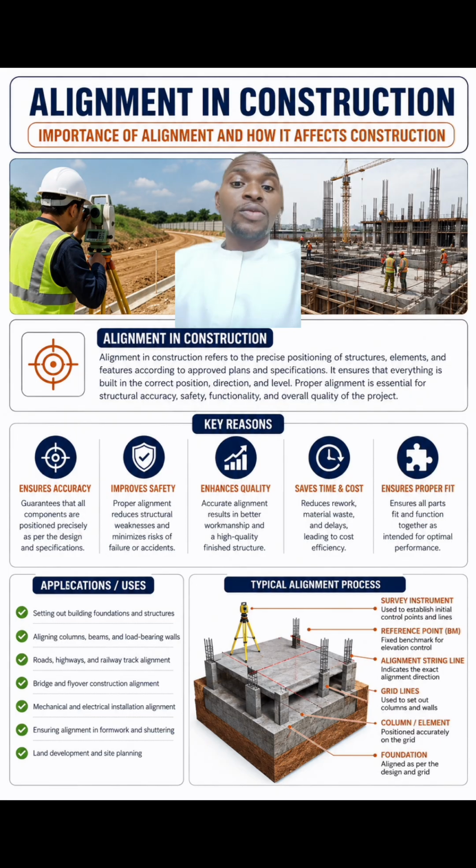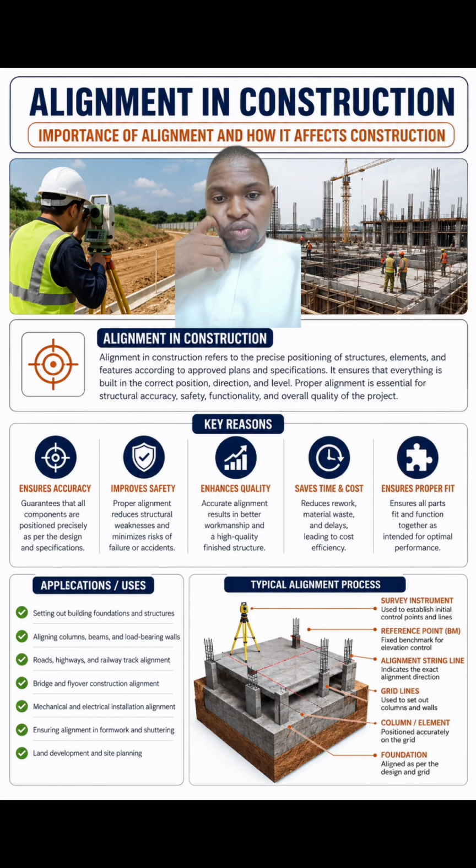So let's look at applications and uses, the areas of application where alignment is actually used. First, setting out buildings, foundations and other structures. During setting out, alignment is used, because how you align the four corners is how your wall is going to be.